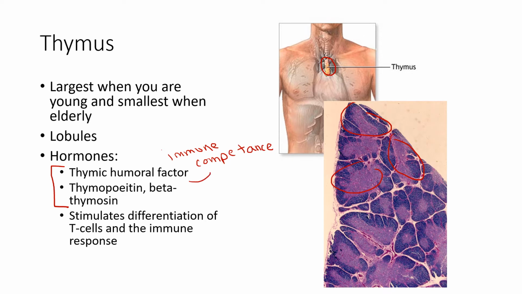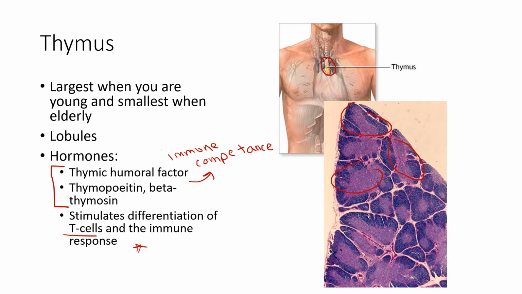So make sure you know that this is involved in immune competence, and the remaining hormone effect is that we are going to stimulate differentiation of T cells and the immune response. So just make a note of that for now, and we will get to that a little bit later.